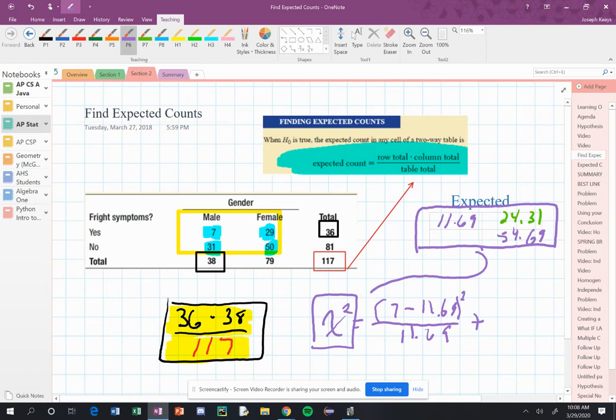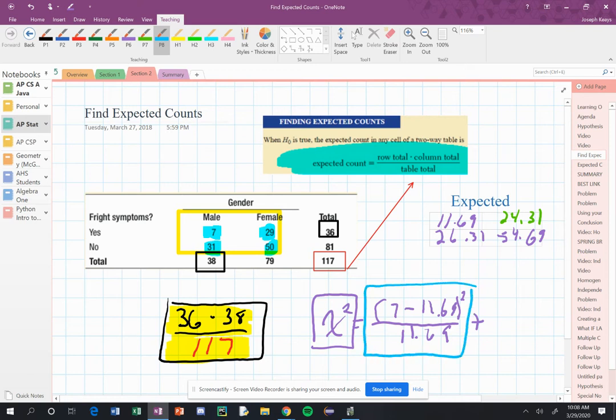Okay, so let me just back up a little bit. So all four of those are used in conjunction with the observed ones to calculate the chi-squared statistic, which is something that we focused on in the first section. So that's how you find an expected count by hand.